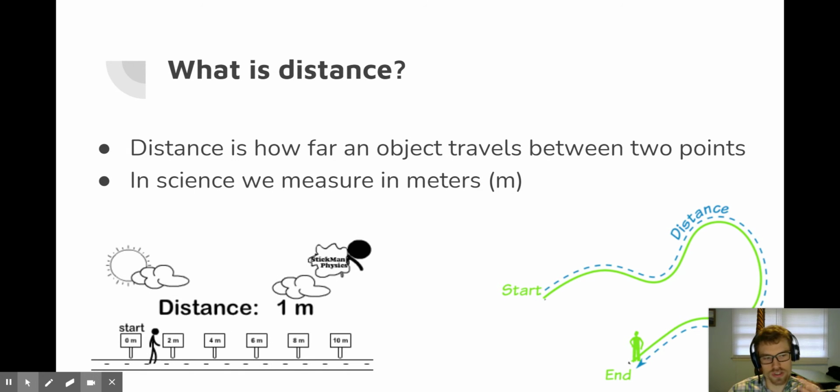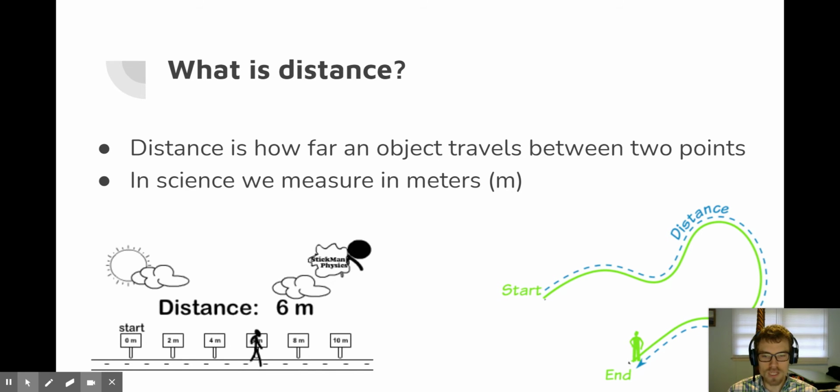That's kind of the English standard system. But in science, we use the international system of units, and that unit is the meter. You may also hear about centimeters or millimeters or kilometers. Those are all derived from the meter, okay? And the meter is a little bit longer than a yard. It's fairly comparable to that. And so again, that's the unit that you're going to see a lot of things in this class in.